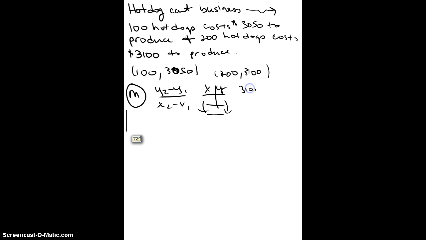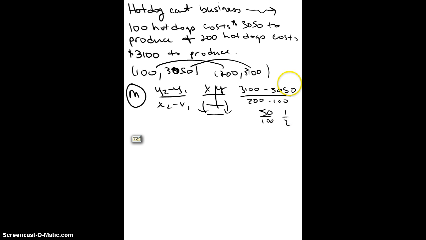So 3,100 minus 3,050 and 200 minus 100. And again, it's always y's on top, x's on bottom. So that's 50 over 100, which reduces to a half. Since it's a real life story problem, it might make more sense to convert that to a decimal.